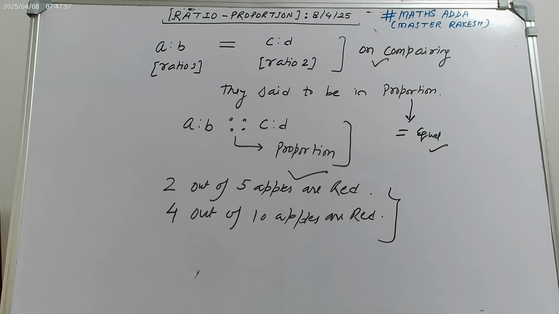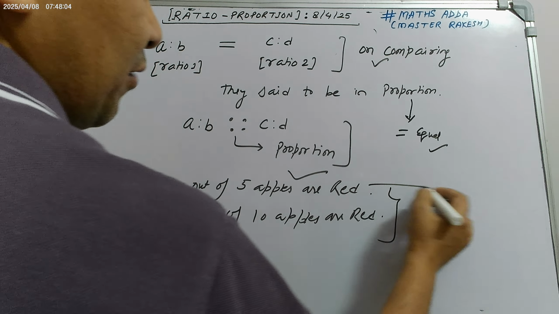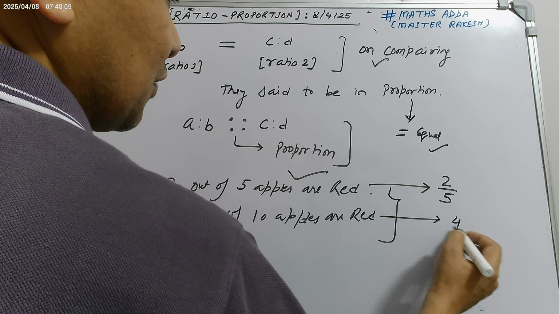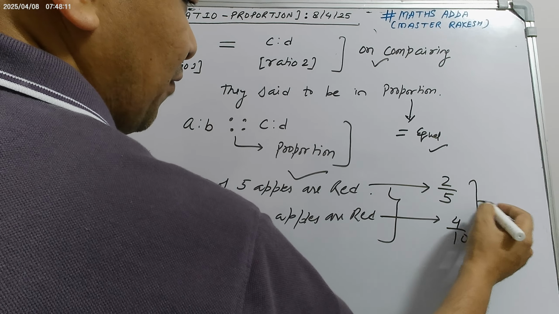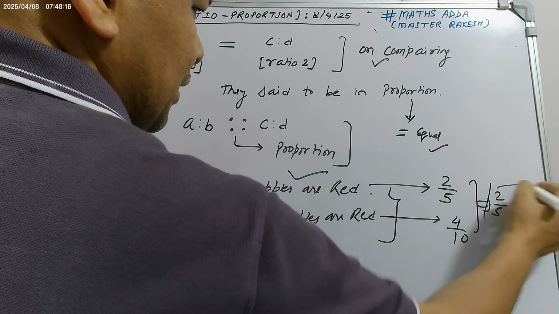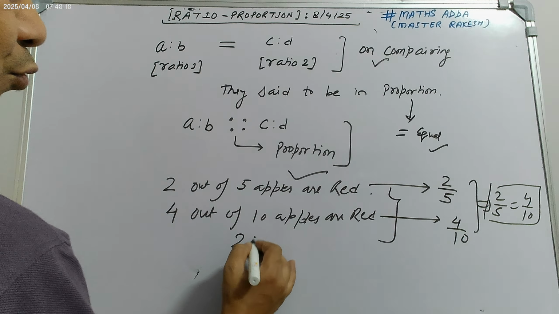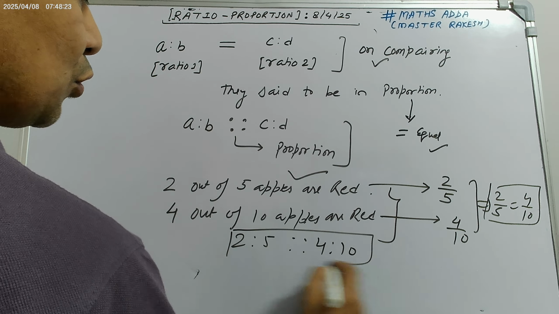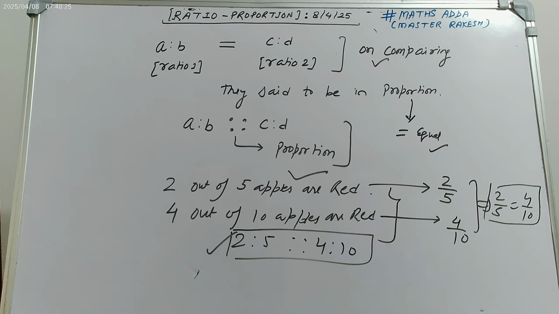The two ratios are 2/5 and 4/10. What will we conclude? 2/5 is equal to 4/10. It means 2 ratio 5 is in proportion with 4 ratio 10. This is all about proportions.